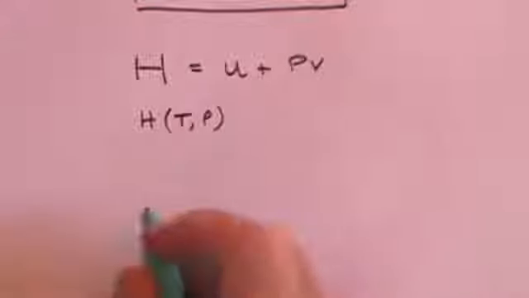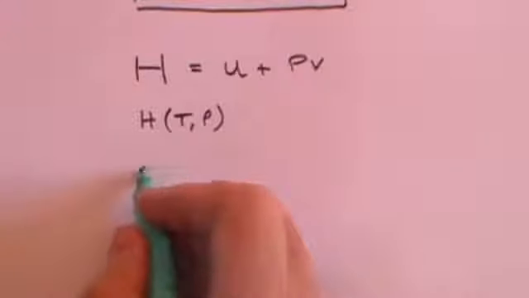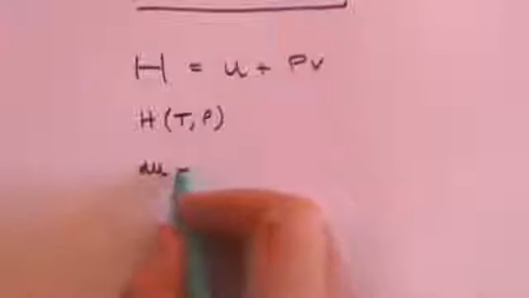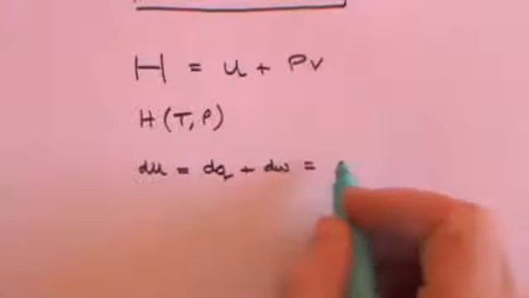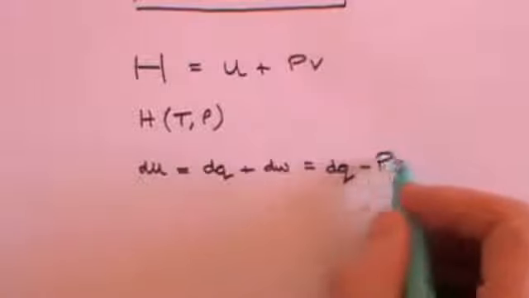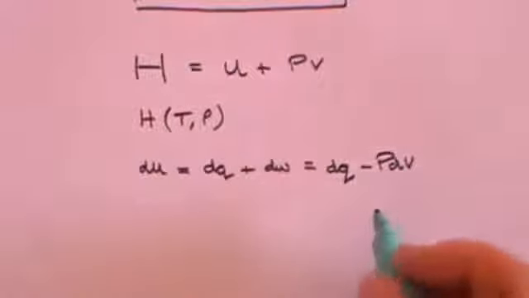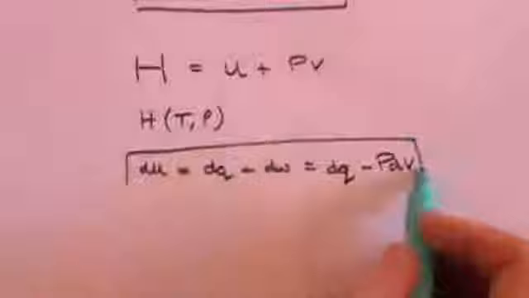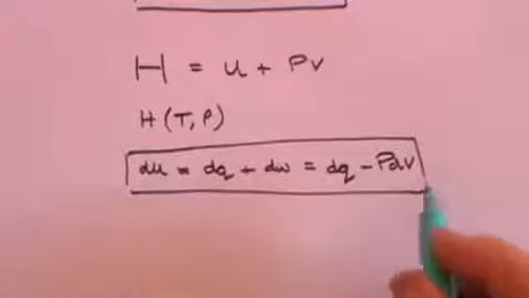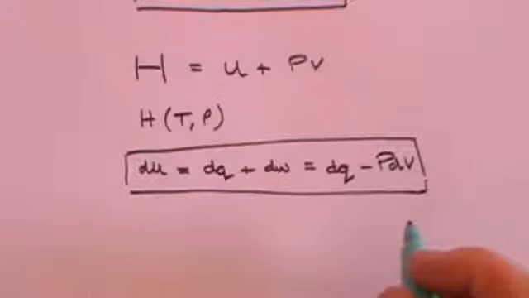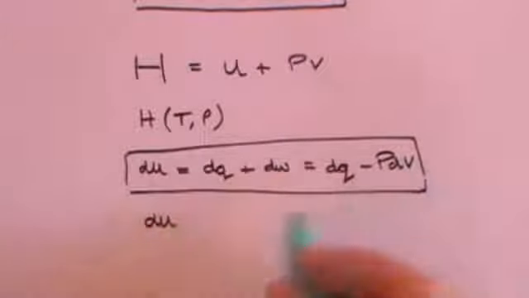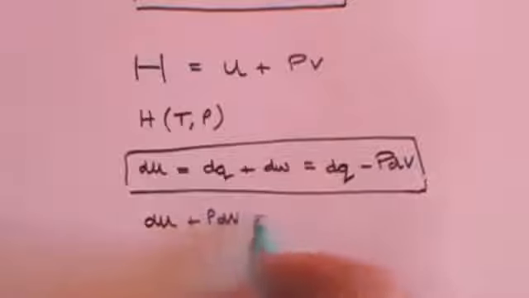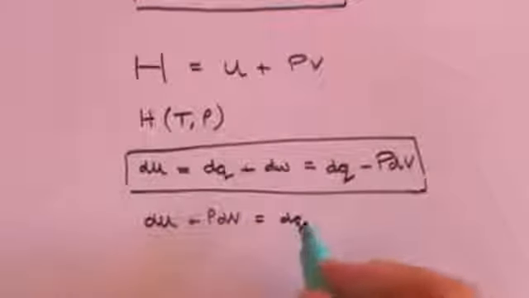Now we're going to use the first law of thermodynamics, which we showed was dU is dQ plus dW, which is the same as dQ minus P dV. We've derived that before. I'll put a square around it to remind you. We've seen that earlier in the video. And if you rearrange this, you find that dU plus P dV equals dQ.